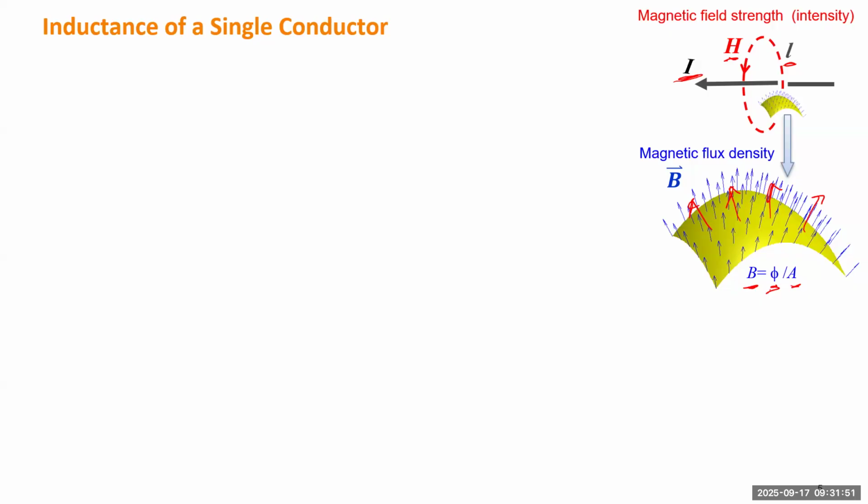So H and B are different things. H only depends on the current, and the distance to the current. It tells how strong the magnetic field is, but flux density depends on the material.